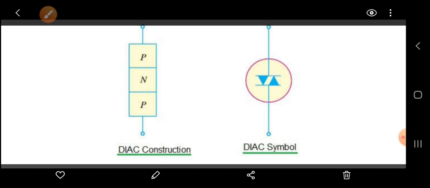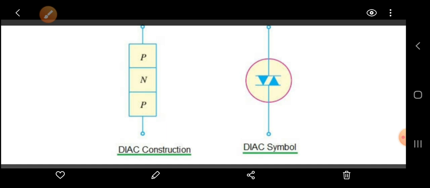The DIAC is very similar to the transistor, as I have said. All the layers here have the same doping concentration. P layer, N layer and P layer all have identical doping concentration, and the sizes are also the same.